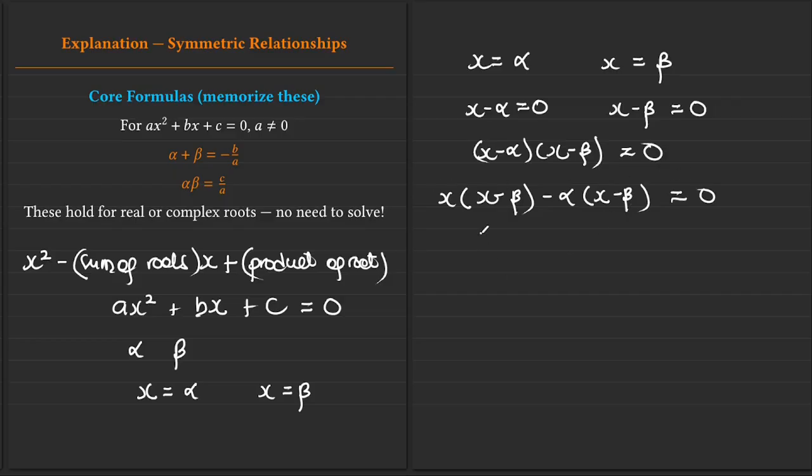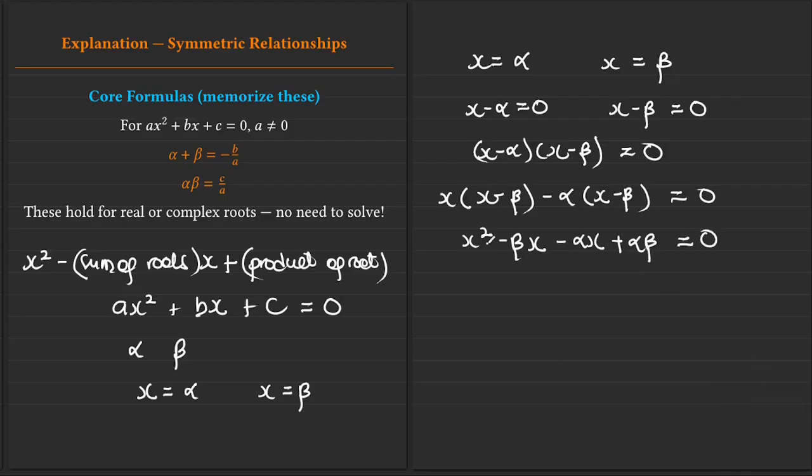We then open our brackets. This gives us x squared, then x times negative beta gives us a negative beta x. Then negative alpha times x gives us a negative alpha x. Negative alpha times negative beta, we have a positive alpha beta is equal to 0.